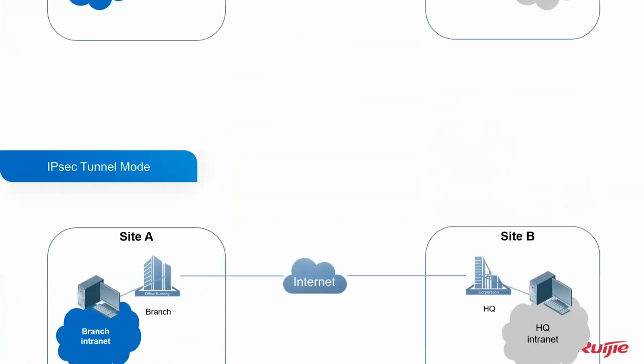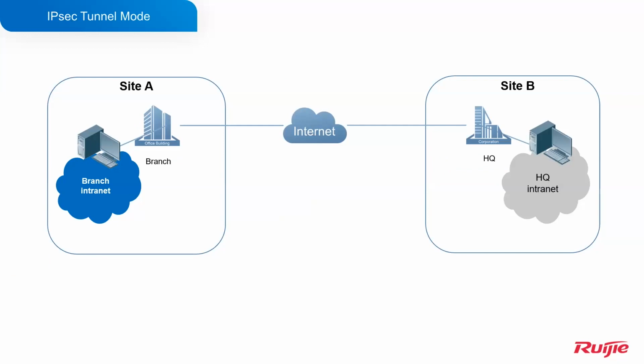And another is your tunnel mode. About the tunnel mode, we establish the VPN between two sites. These sites you can think of as layer 3 devices. So we also have to establish the tunnel, but between the branch and headquarters layer 3 network devices. Then we can encrypt the message. But all the terminals don't know that finally the message will be encapsulated into the IPSec VPN.